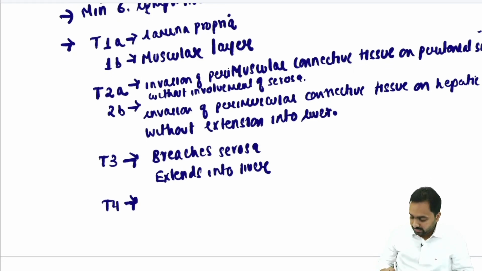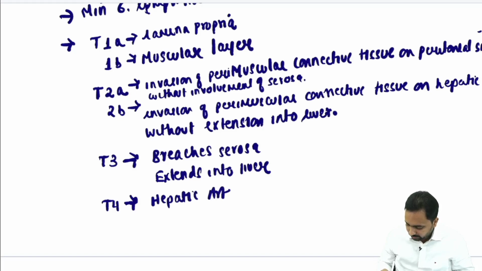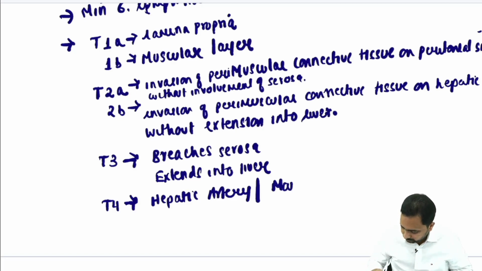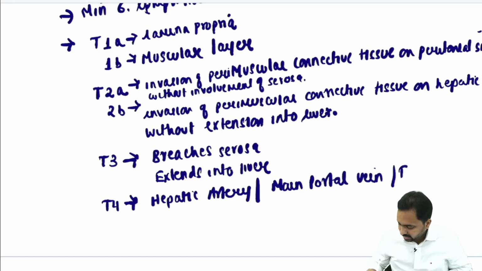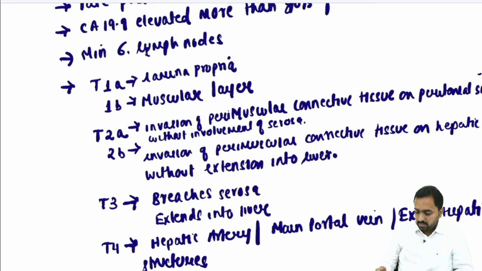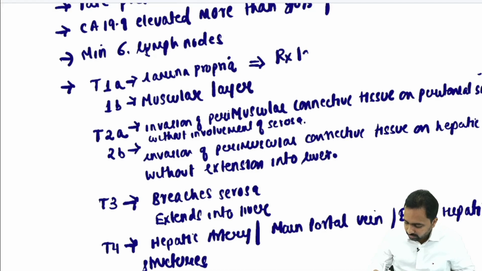Over here it would be involving the hepatic artery, the main portal vein, and the extrahepatic structures. Need to remember that in case of T1A, only lap chole is sufficient treatment.